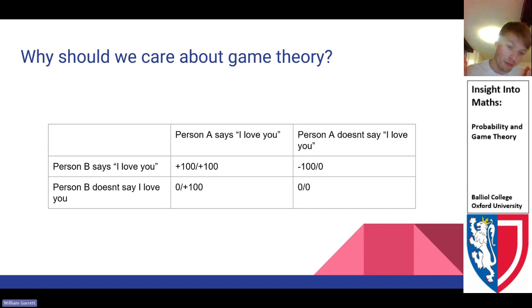In the best possible case, everyone gets 100 points each, but in the others, different people might lose 100 points or get zero. What we're going to develop today is a framework by which we can analyze tables like this with different payoffs and decide, if everyone is behaving rationally, what outcomes people should take in these games. So that's the goal for today.